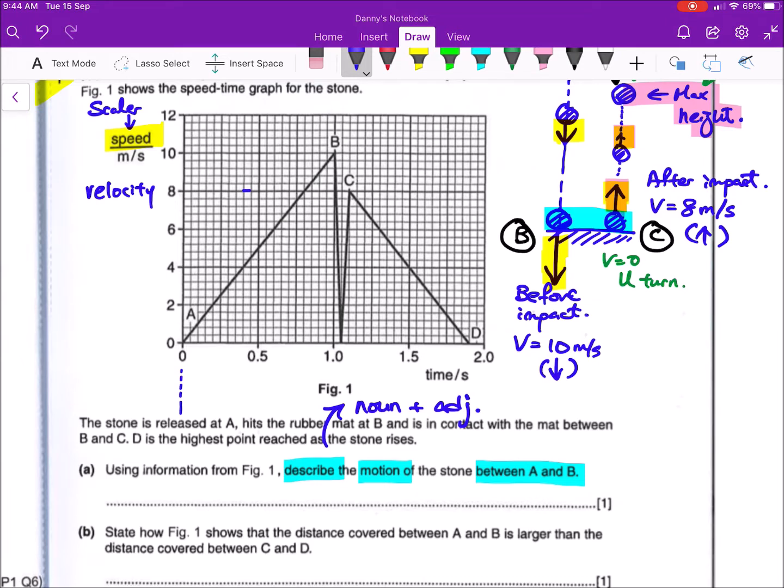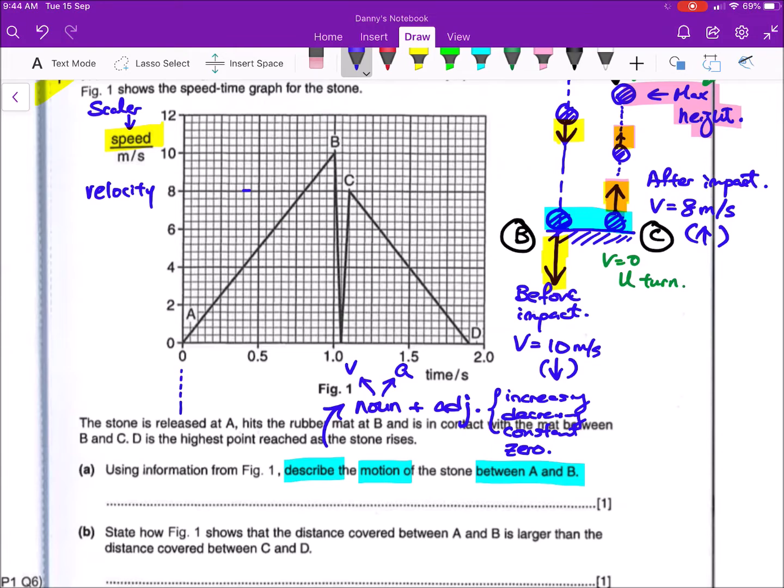So what is the noun? The noun could be velocity or it could be acceleration, these two. What is adjectives? Well, adjectives could be increasing, it could be decreasing, it could be constant, it could be 0. So there are a few adjectives for you to pick from.